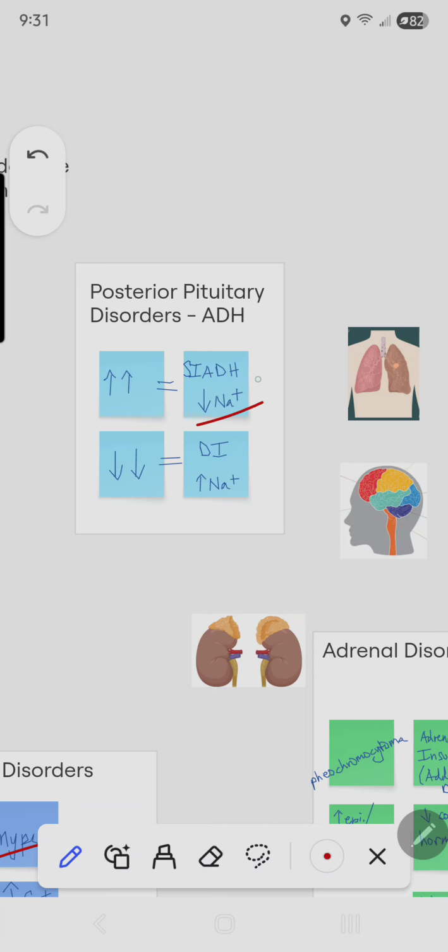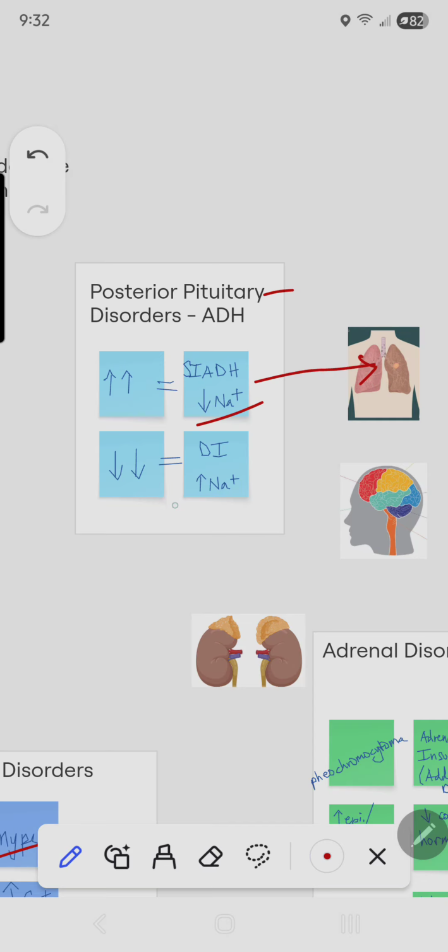Sometimes a type of cancer called small cell lung cancer can cause an increase in this antidiuretic hormone. It's a tumor that actually produces that. And so sometimes it's not coming from the pituitary itself, it's coming from an ectopic or outside source.